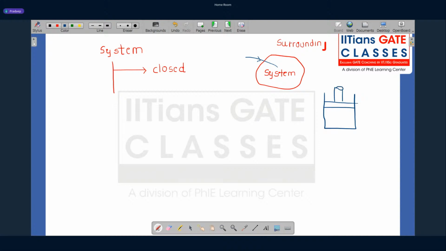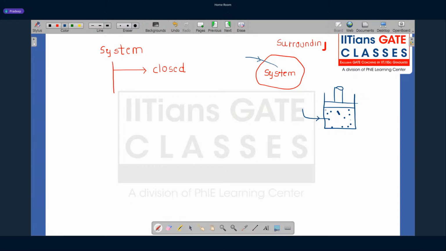And we are considering the gas behind the piston cylinder arrangement. If you look at this gas, it is bounded by a closed boundary around it, and no mass can come inside because it is completely sealed from all sides.